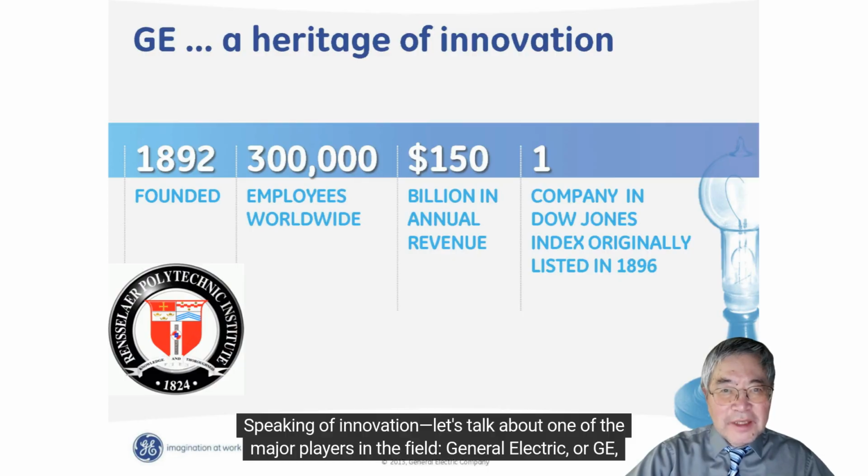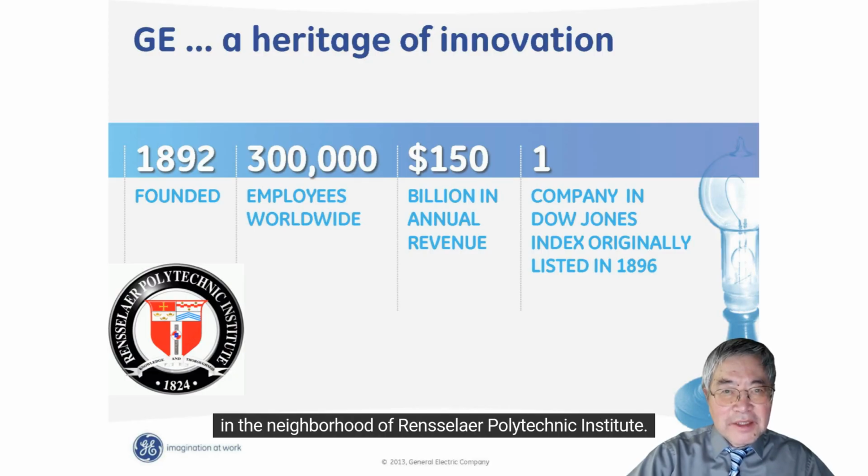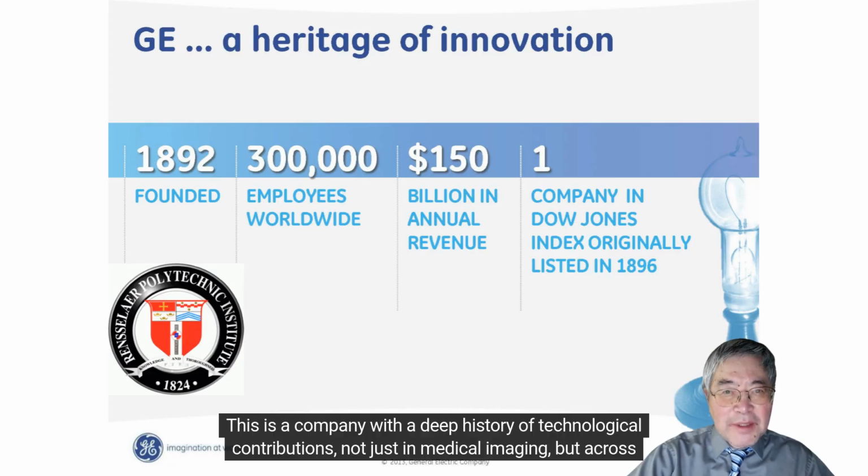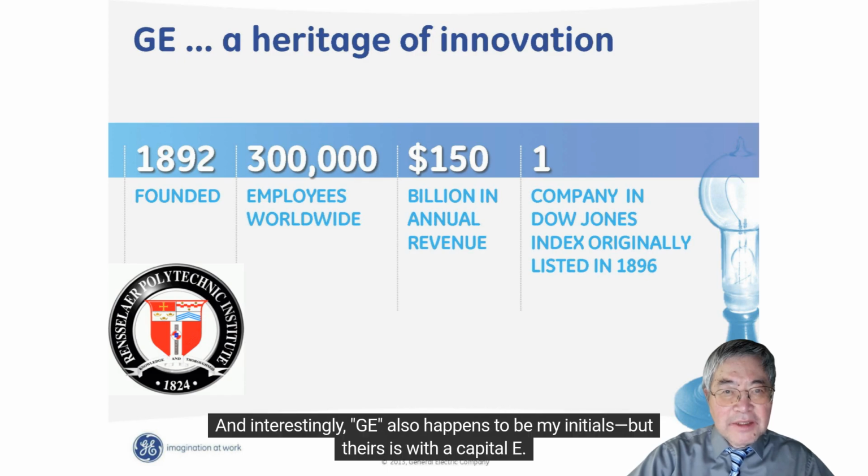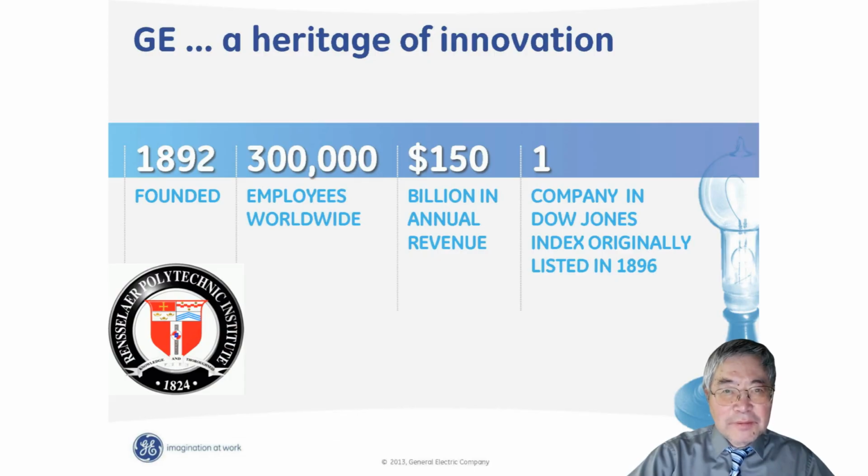Speaking of innovation, let's talk about one of the major players in the field, General Electric, or GE, in the neighborhood of Rensselaer Polytechnic Institute. This is a company with a deep history of technological contributions, not just in medical imaging, but across many industries. And interestingly, GE also happens to be my initials, but theirs is with a capital E. So no confusion.